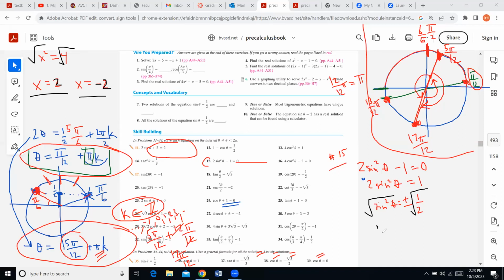So I'm going to end up with sine theta equals to something more familiar, square root 2 over 2. Because you can always turn this fraction into square root 2 over 2 if you multiply by square root 2 the top and the bottom. So your denominator has square root 2 times square root 2, which is just a 2.